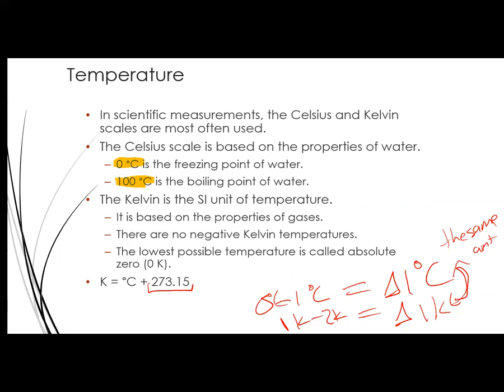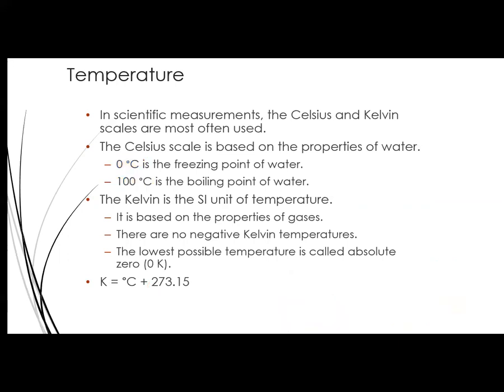So what that looks like is that 300 Kelvin, if we heated that up to 350 Kelvin, would be the same as us taking that 300 minus 273.15, being 26.85 degrees Celsius, and it would have heated to 350 minus 273.15, 76.85 degrees Celsius.